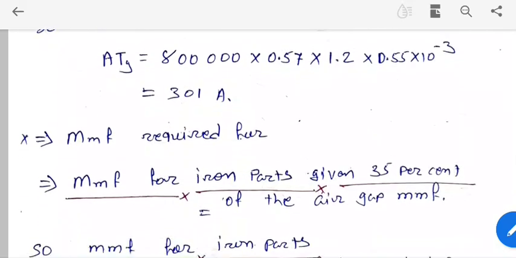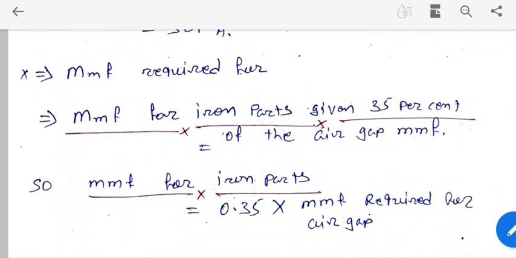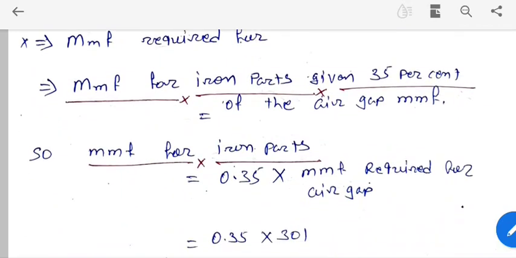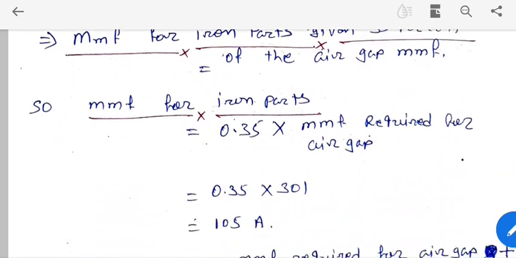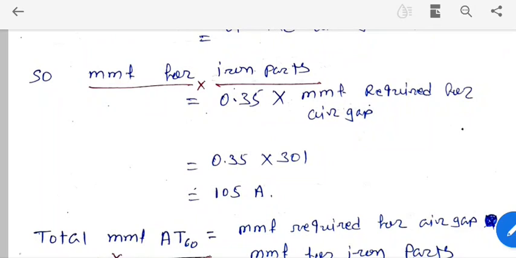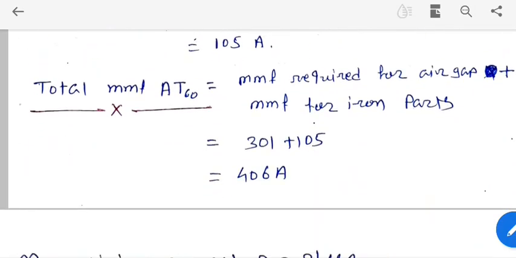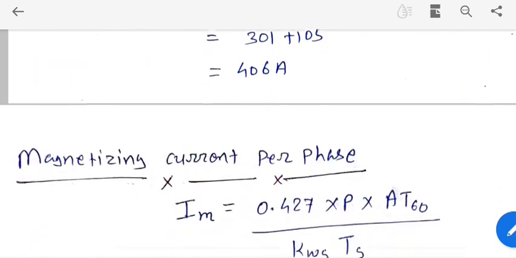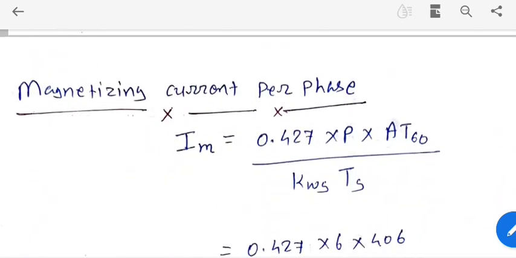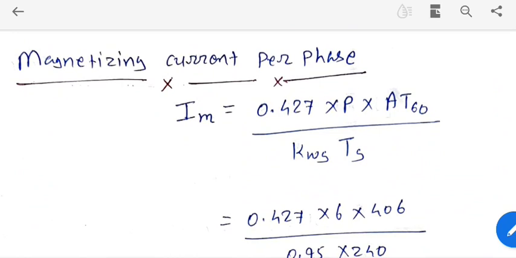Then after that we found the MMF for iron parts. The MMF for iron parts is 0.35% of the given air gap MMF. So the answer for MMF for iron parts is 105 amps. Then total MMF, that is ampere turn at the 60 degree angle, is 406 ampere. Then the magnetizing current per phase is what we require to find.